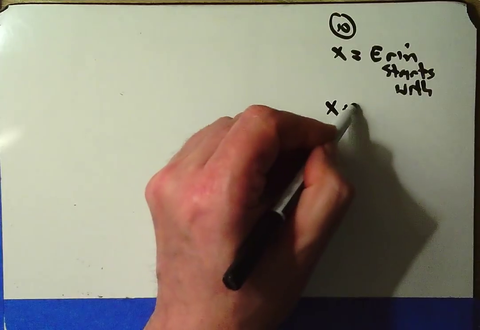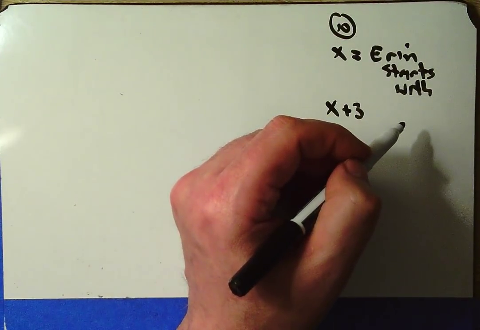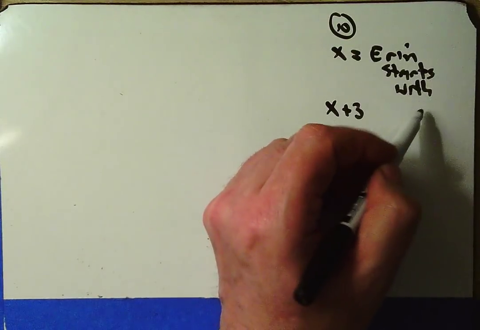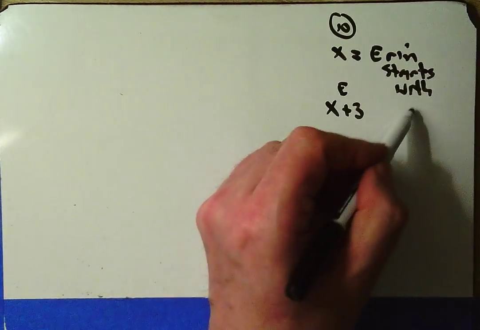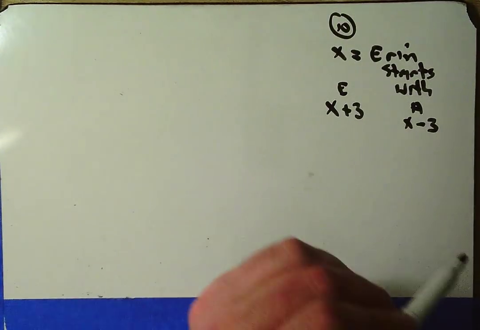So X plus 3, and that's Aaron, and Amy is X minus 3.